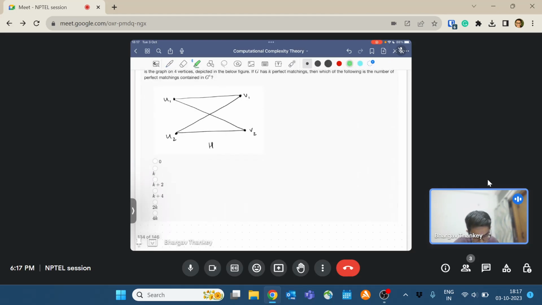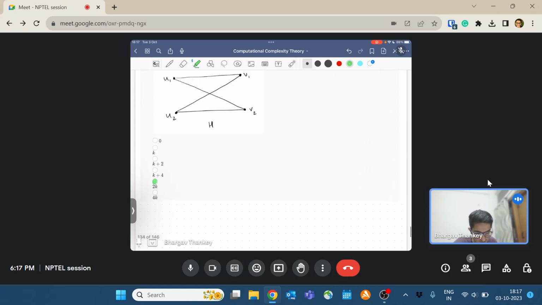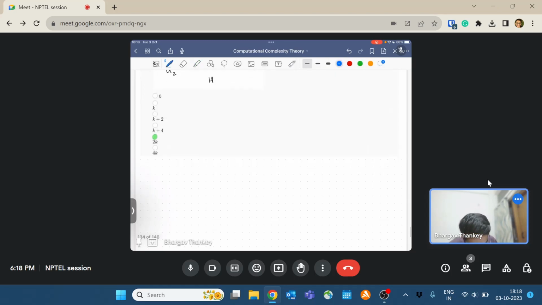Okay, so the answer is 2K, and let's see why. Let M be a perfect matching in G, and any perfect matching of G prime will have to be of this form.